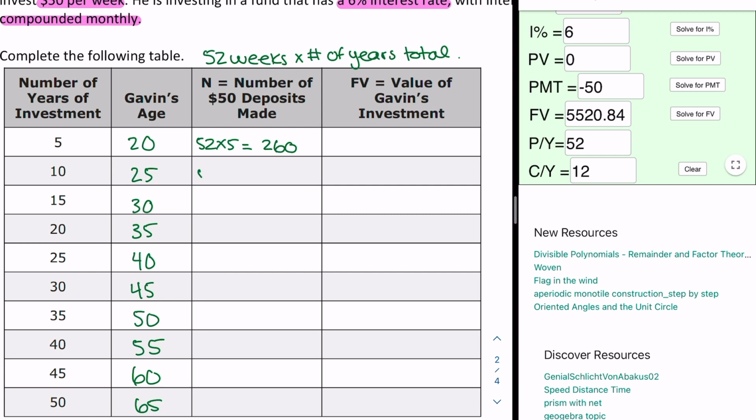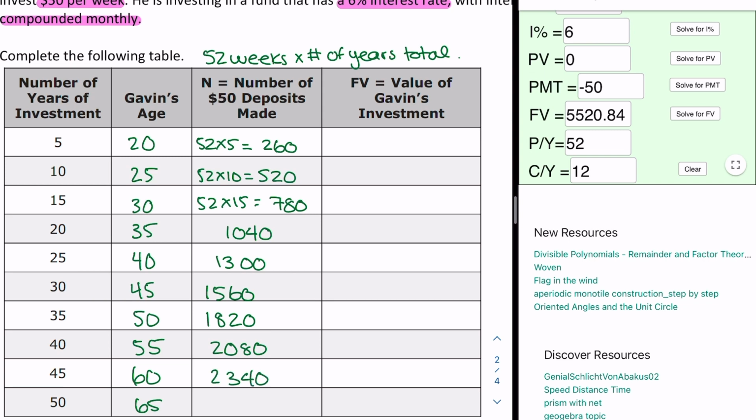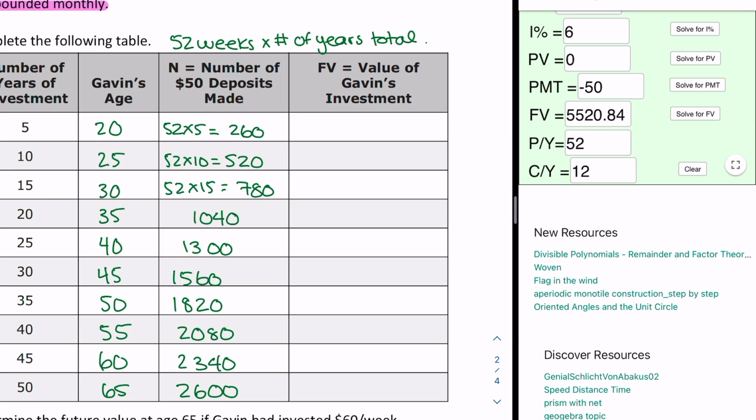And then the next one is going to be 52 times 10, which is 520. 52 times 15, 780, and so on. So 52 times the number that you have on the left. Okay, so that's the number of deposits he makes.